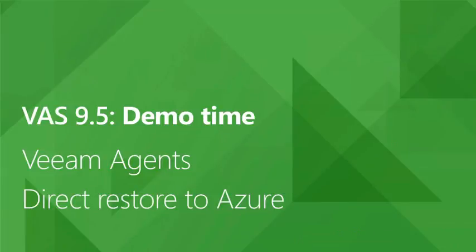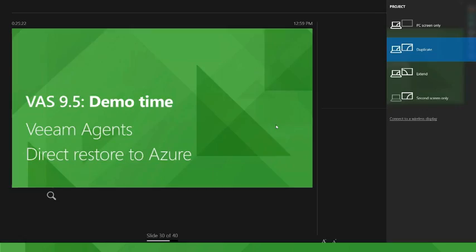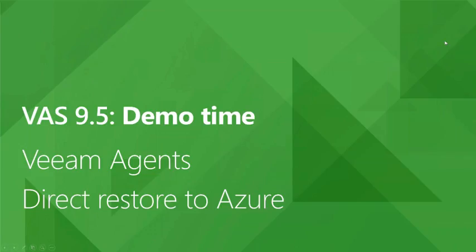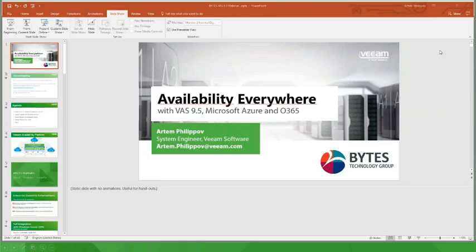So as I promised, let's go for a couple of minutes directly to the interface of the product. I'll demonstrate how this looks, how Veeam agents restore to Azure, maybe a couple of other things as well. Okay, just a second.